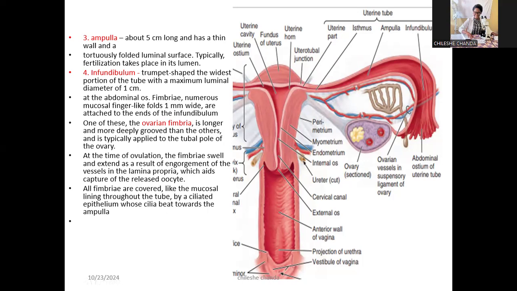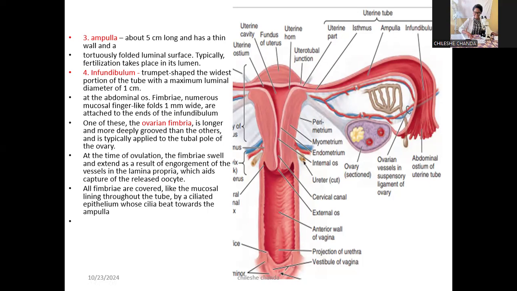These fimbria are about 1 millimeter wide, and attached to the ends of this infundibulum. Now we have one long fimbria, which is known as the ovarian fimbria. This one is longer and much more grooved than the others.